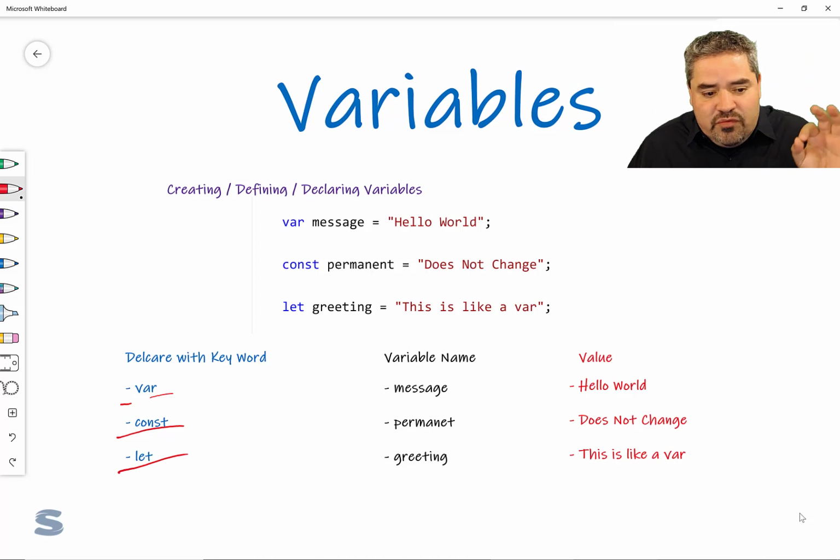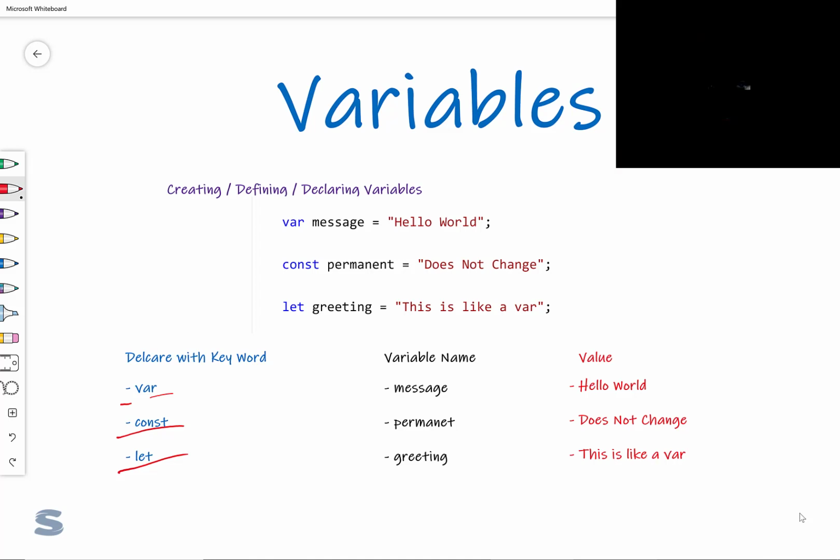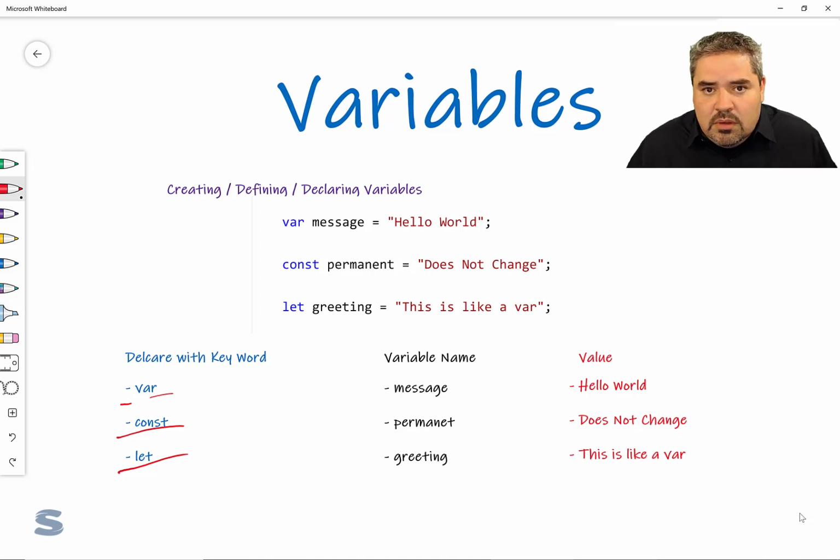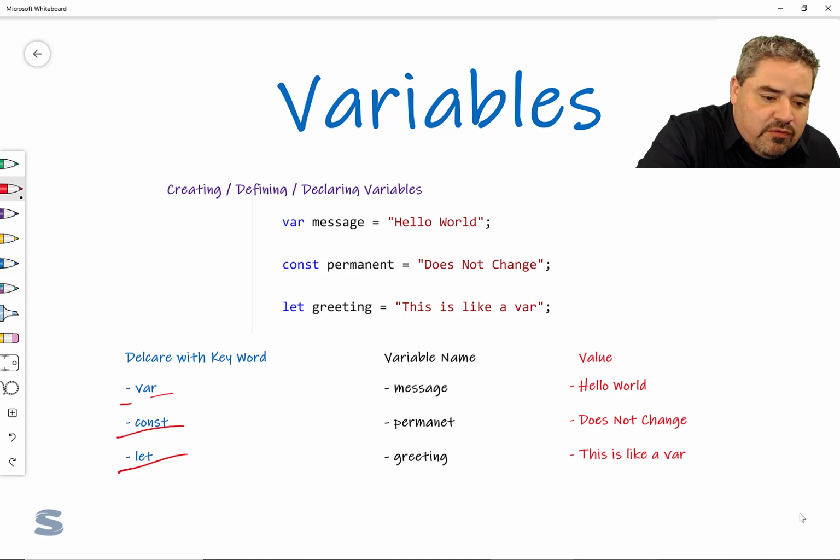There's a time and a place for using var, const, and let. Var is the first keyword that we used in JavaScript 101 days. A newer way of declaring variables, for a specific place and time, not under all circumstances, is const and let. For the time being, just so you don't have to worry about those other use cases, we're going to focus on var.